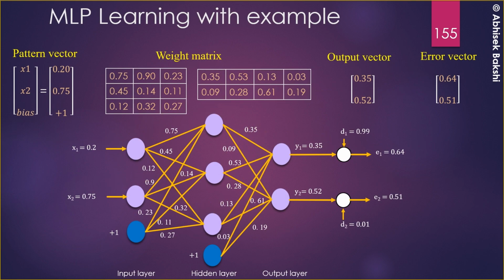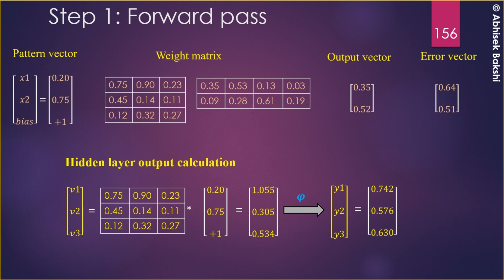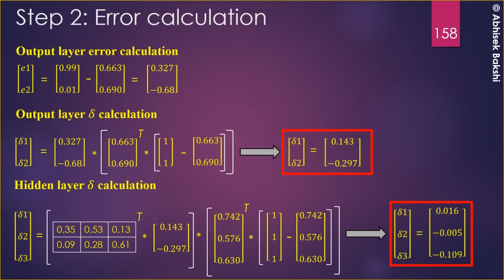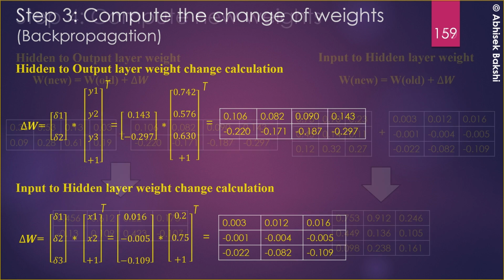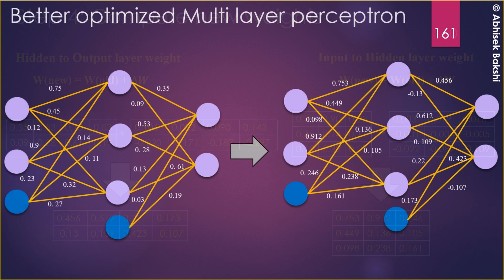We saw that if we do the forward pass in step 1, how we get the output, and based on that how the backward pass, the back propagation, will be done: how the error is calculated, and finally, based on the delta function calculation, how the del w, that means the change of the weight, will be calculated, and finally we get the updated weight which can be used in the next iteration, right?